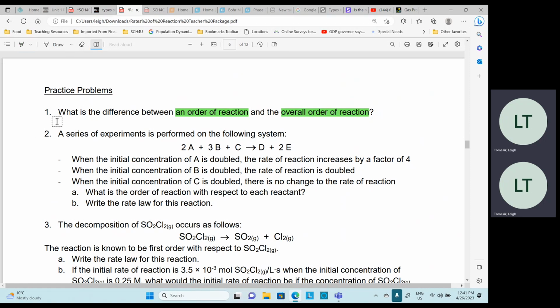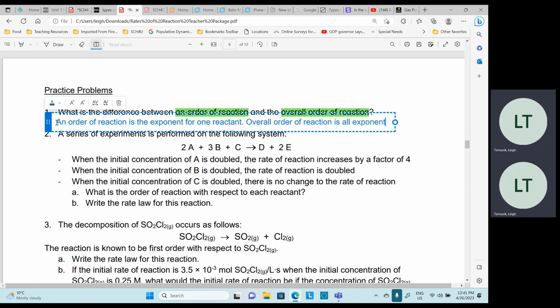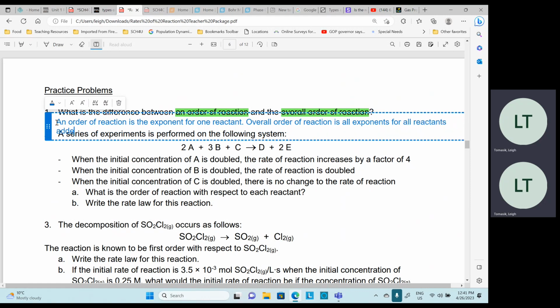An order of reaction is the exponent for one reactant. And the overall order of reaction is all exponents, or all reactants, added.